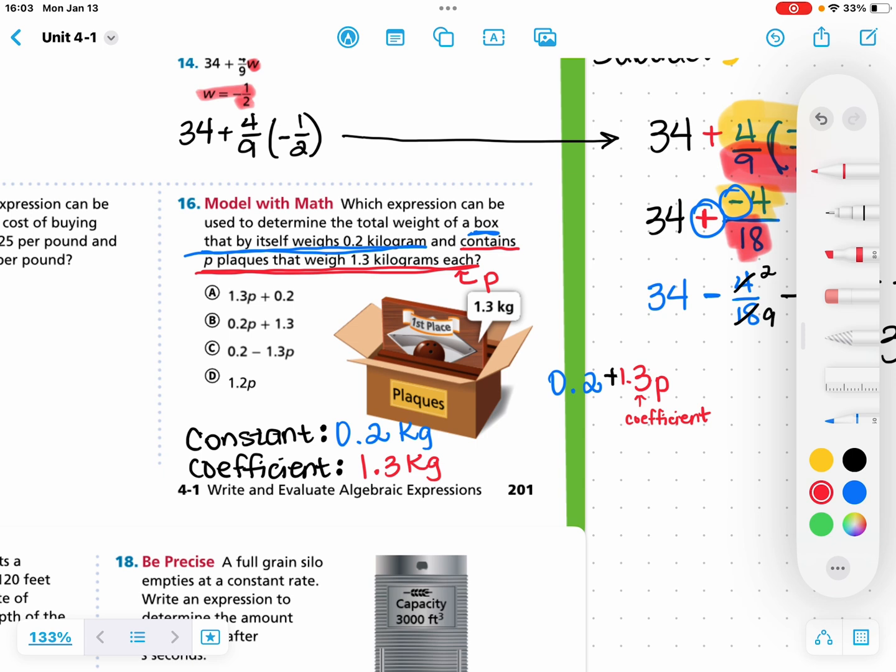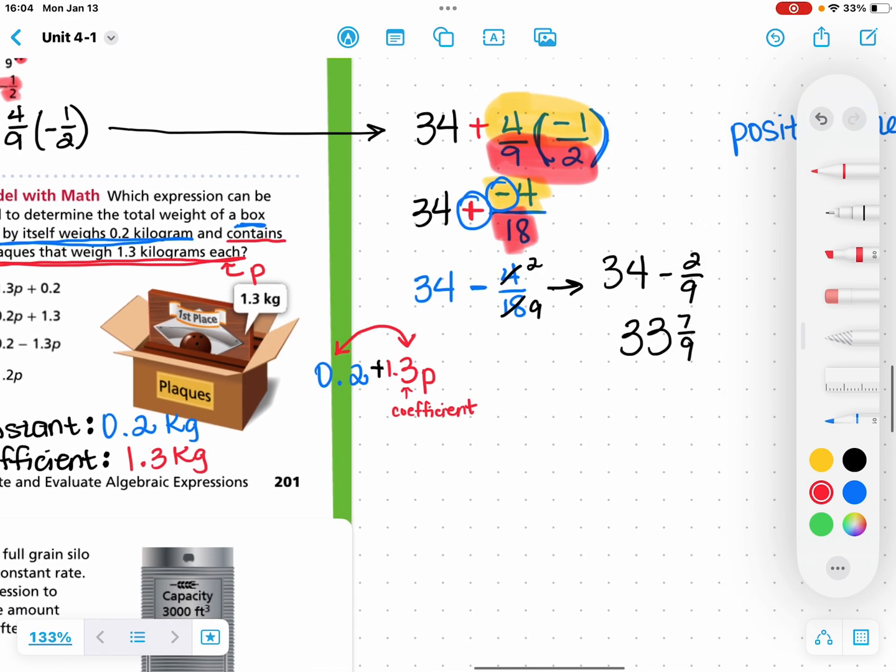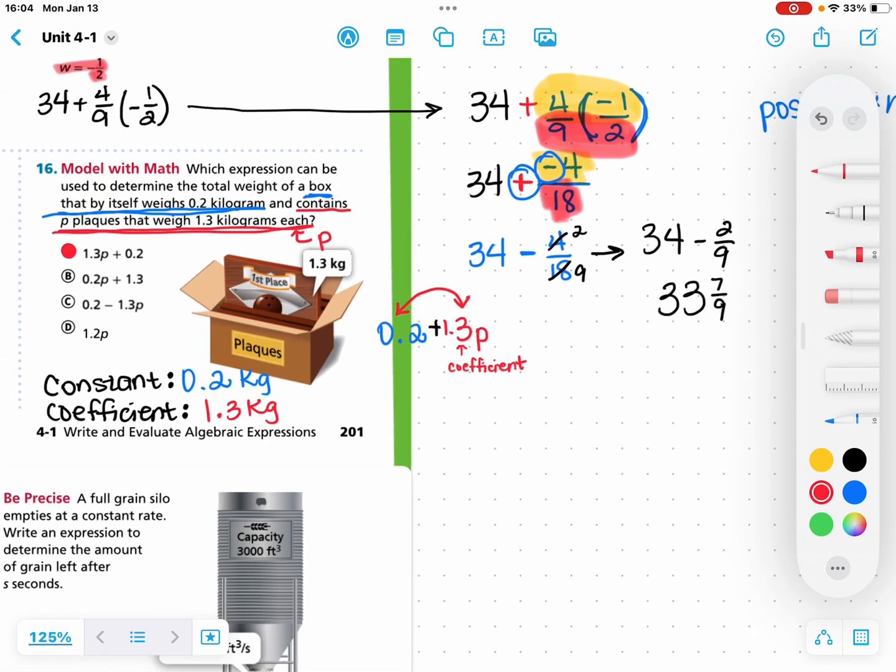Well, it's going to be this one. Even though it's set up a little wonky, all they did was switch these two numbers, which is A-OK, using the commutative property of addition, you can switch those two.